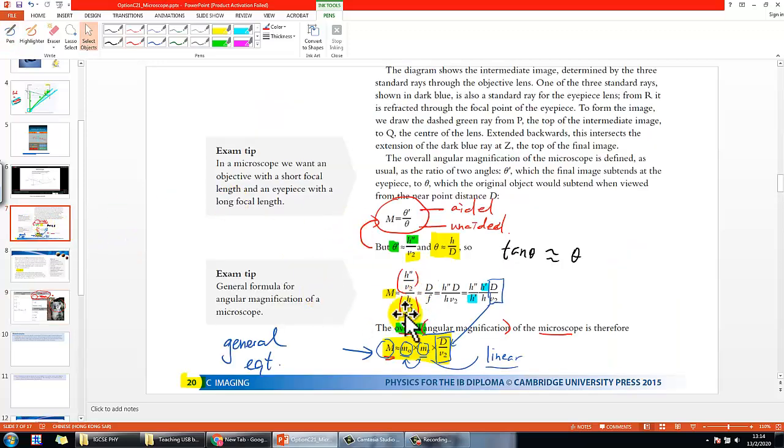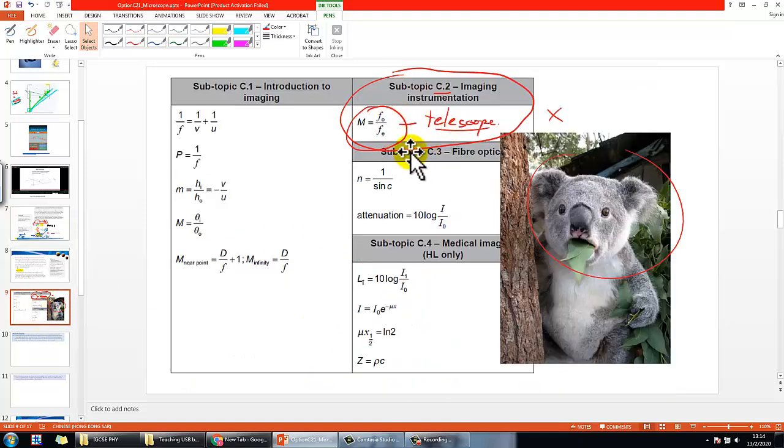So this is an equation that I would say you would need to use 100%. You need to use it whenever you see microscope. So I would recommend you to simply copy this on your data booklet, the one that you've been using always, and by the time when you take the IB exam, you take a look at the whole data booklet, and there must be some one or two.